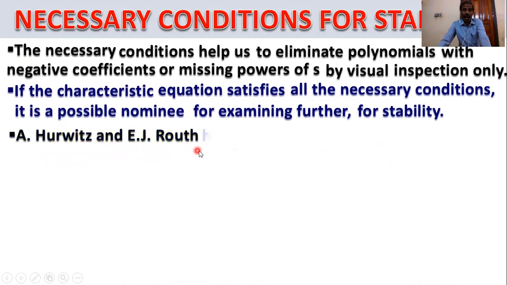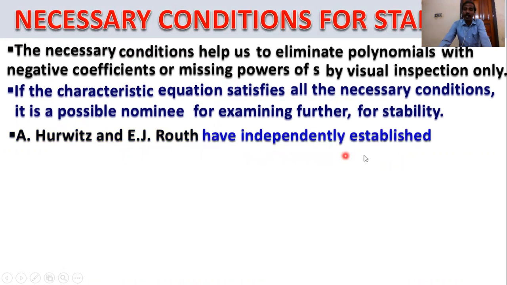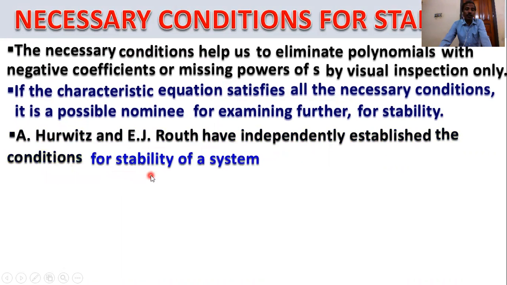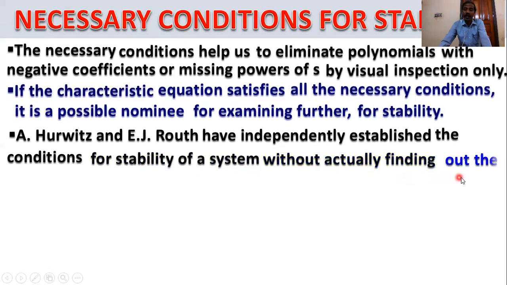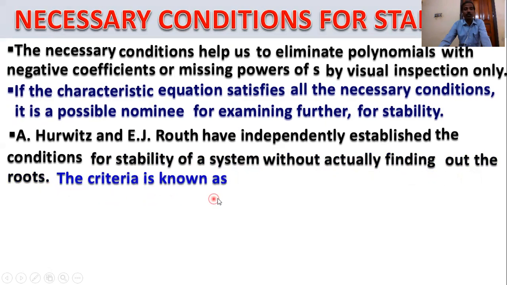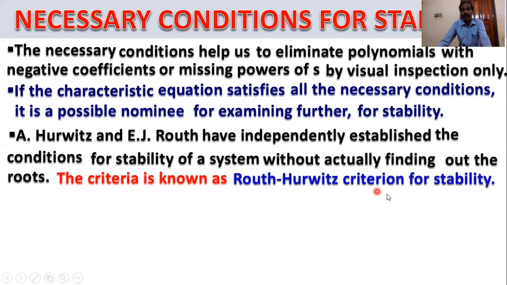Hurwitz and Routh have independently established the conditions for stability of a system without actually finding out the roots. The criterion is known as the Routh-Hurwitz criterion for stability.